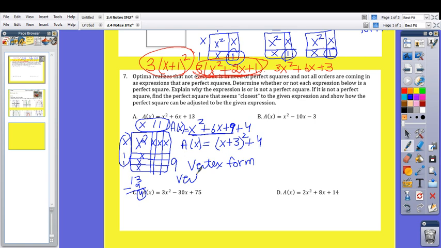where your vertex is -3 and 4, because in vertex form the original equation is the stretch factor, and then (x take away h) squared, and plus k.